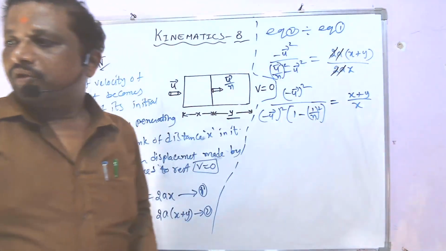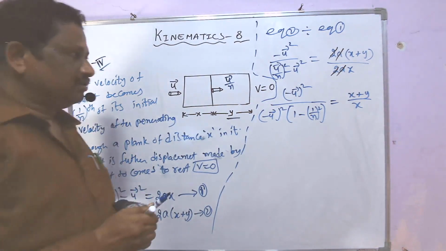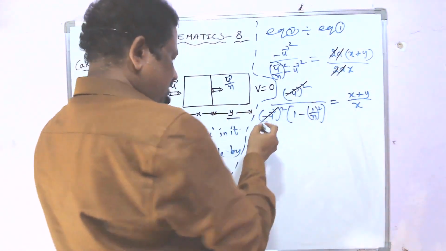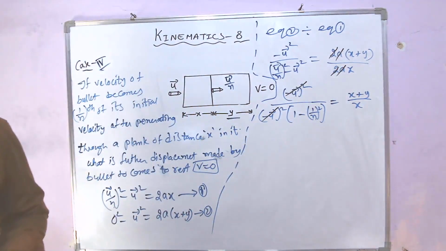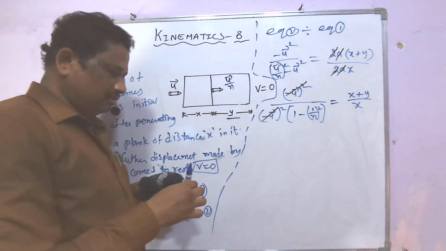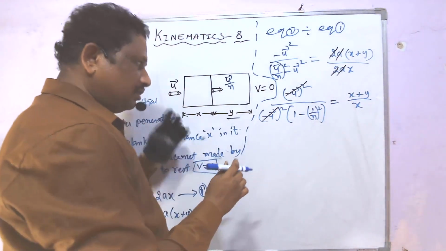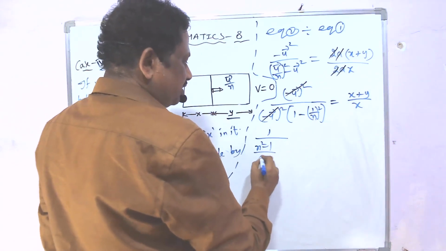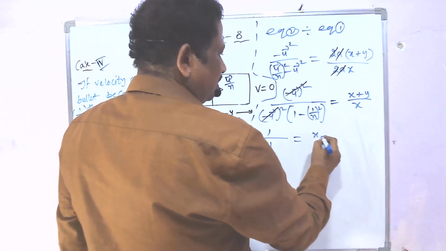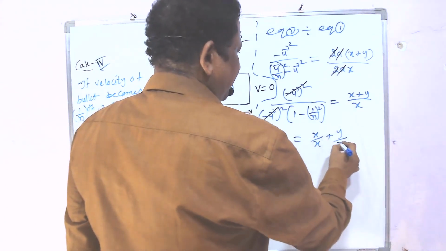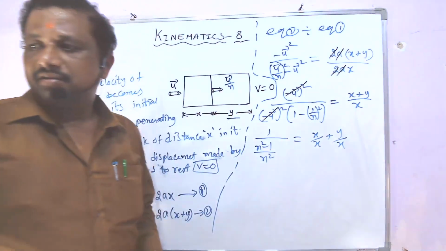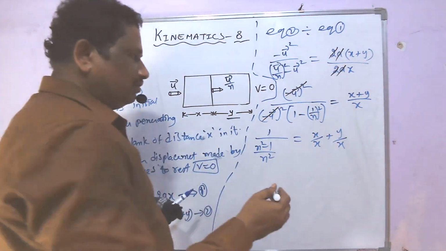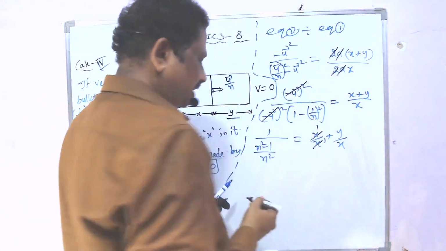Minus u bar square gets cancelled. Now simplify: 1 by n square minus 1 is equal to x plus y by x, and the x by x becomes 1.